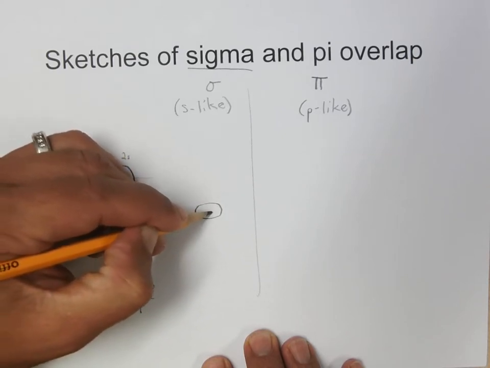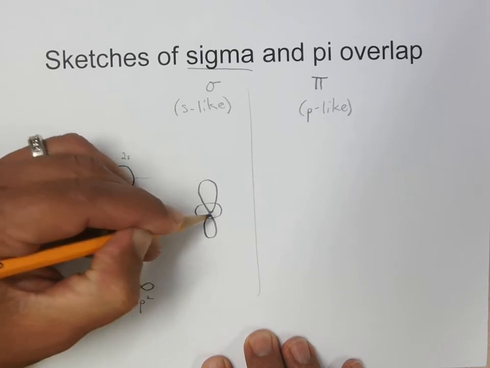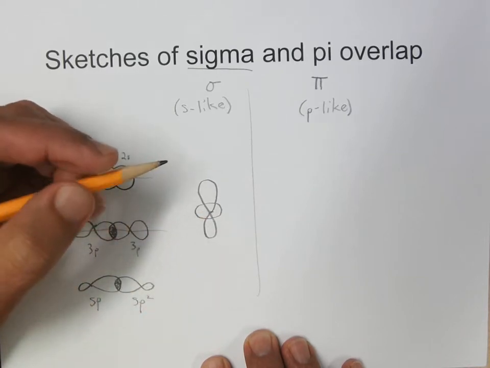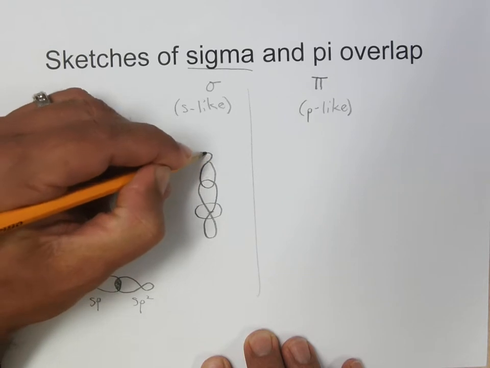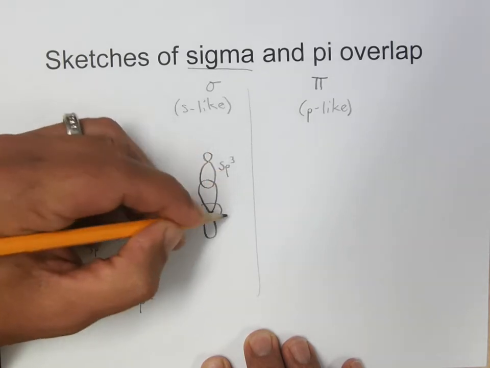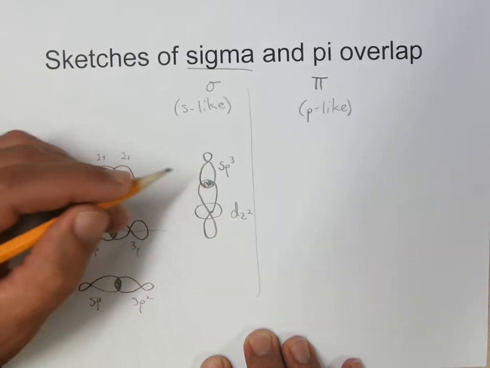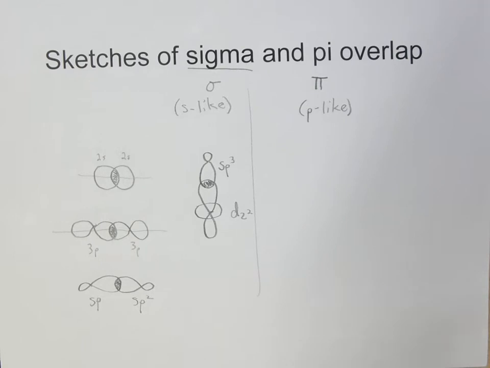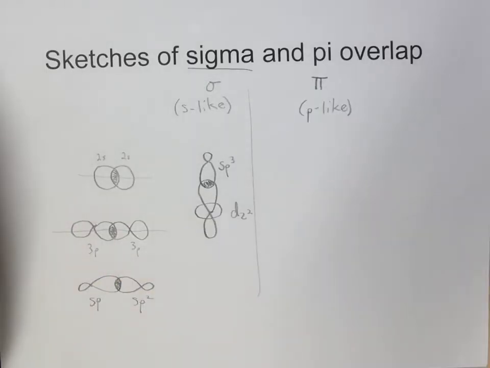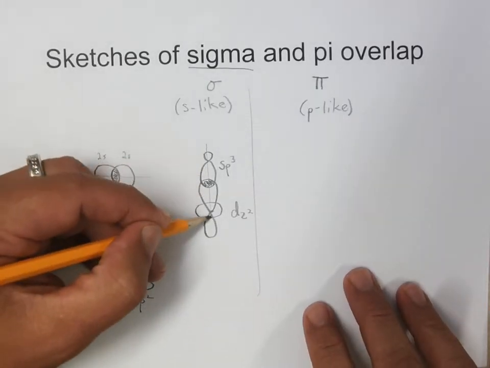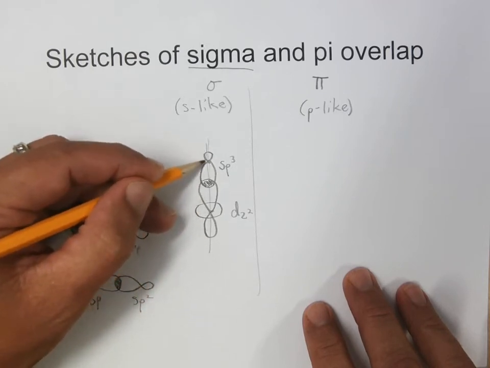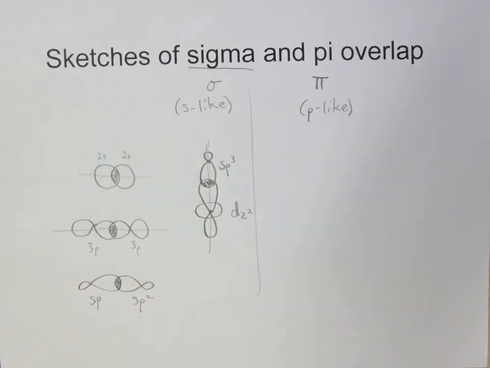I could do something totally crazy, like take a d orbital and interact that with a hybrid orbital, say an sp3 with a dz squared. It doesn't really matter what the parent orbitals are if the interaction between the orbitals looks like that. If the interaction is just a single interaction along the internuclear axis, where you can see where the atom nuclei would be, that's a sigma orbital, or S-like.